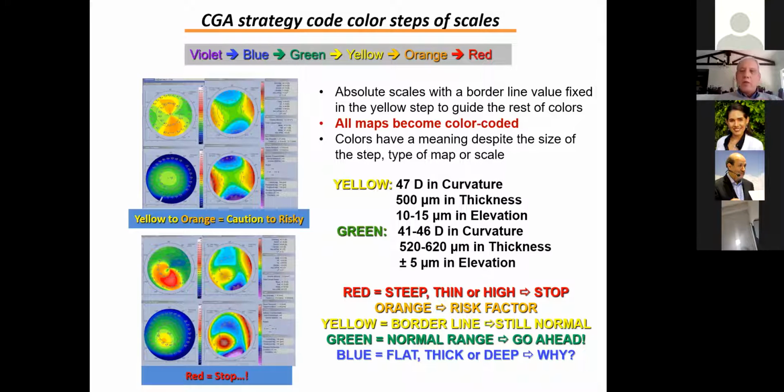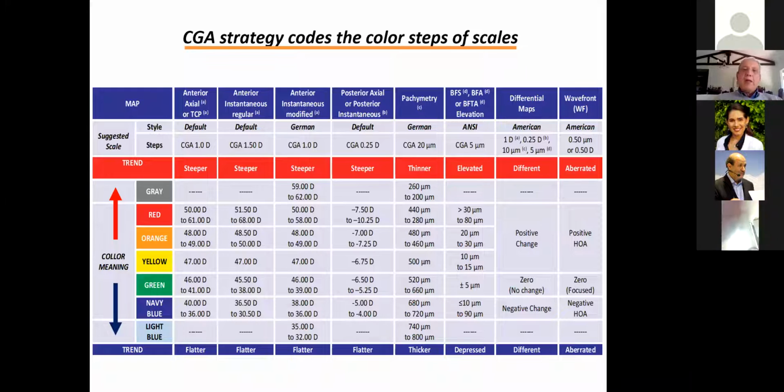When we are talking about curvature, red will be steeper and blue will be flat. If we are talking about pachymetry, red will be thin and blue will be thick. And this is very clear in this table.